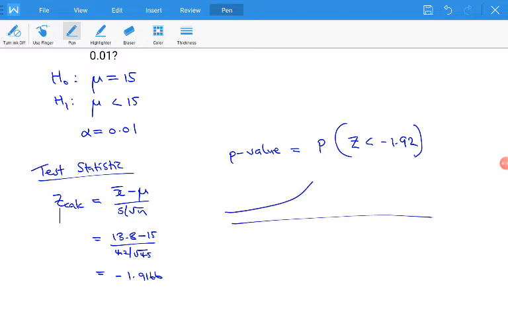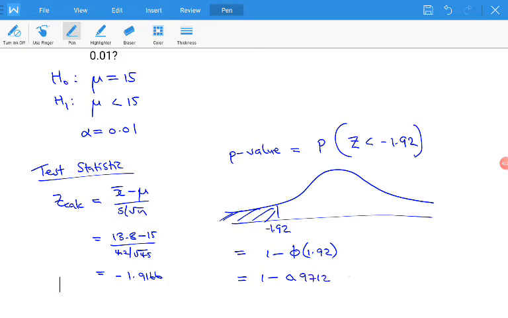So if we draw, negative 1.92 is in this direction, so this is equal to 1 minus phi of 1.92, which is equal to 1 minus 0.9712, so the p-value is 0.0288.